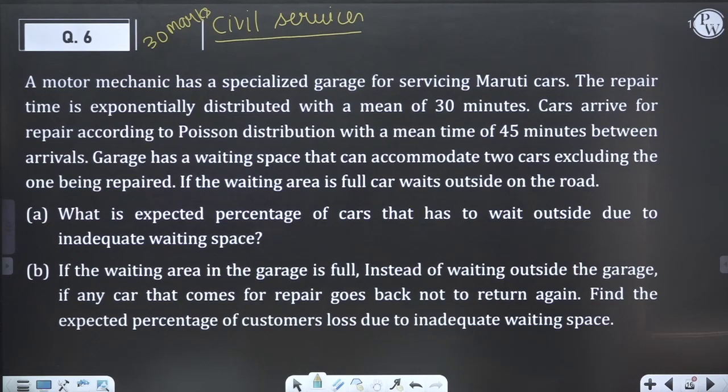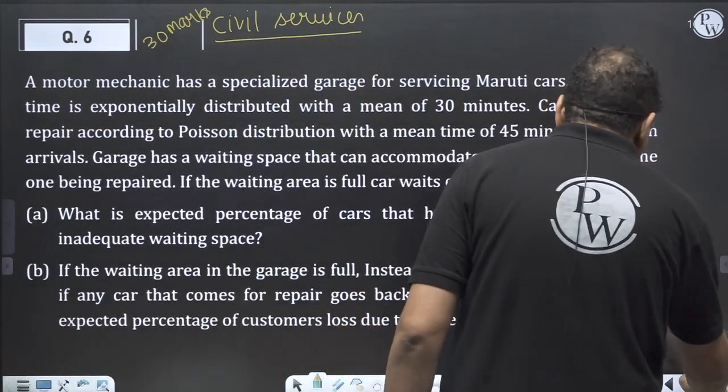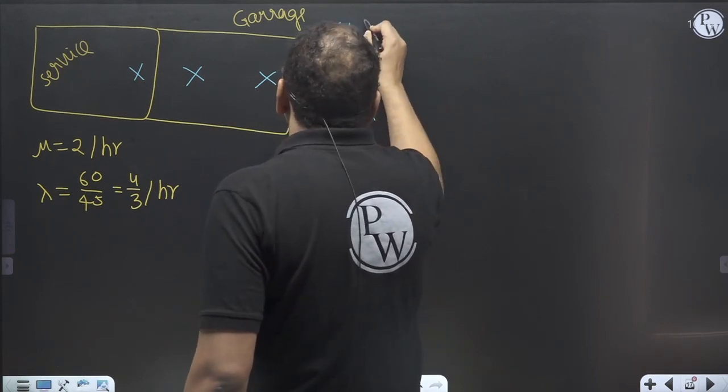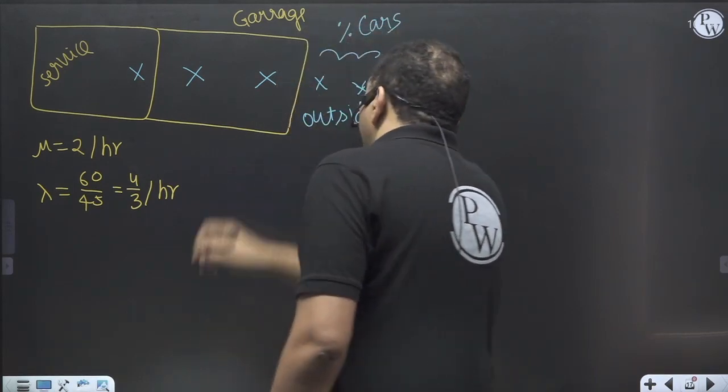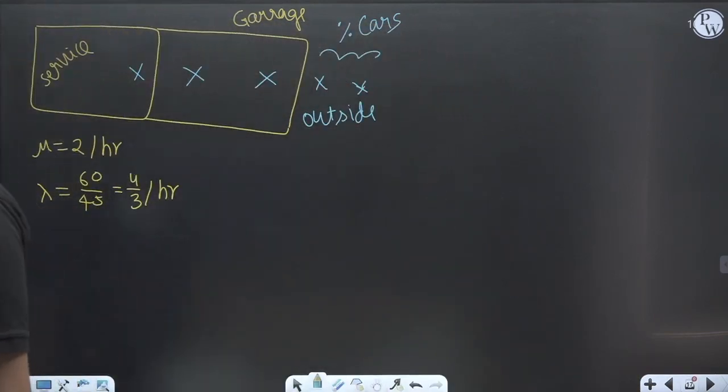What is the expected percentage of cars that have to wait outside due to inadequate waiting space? You have to find the percentage of cars waiting outside.